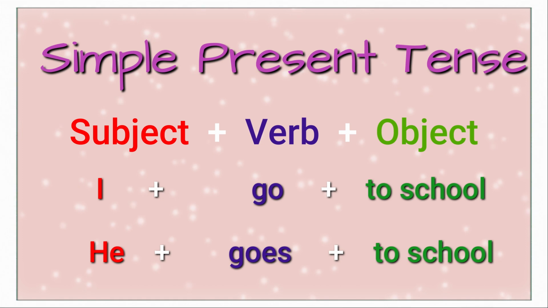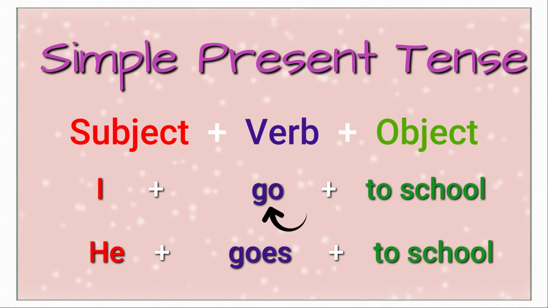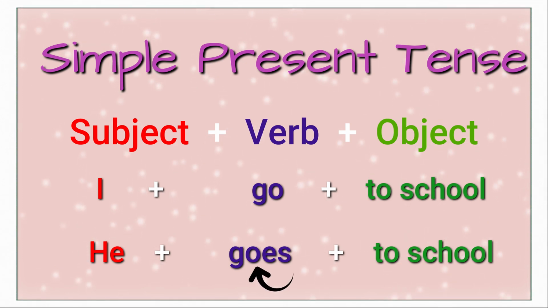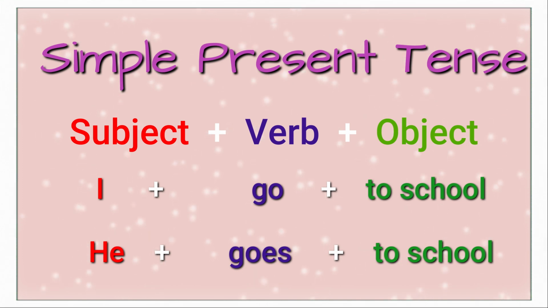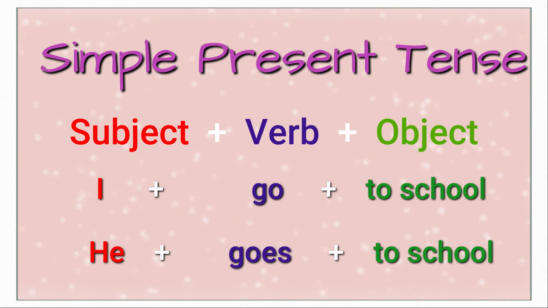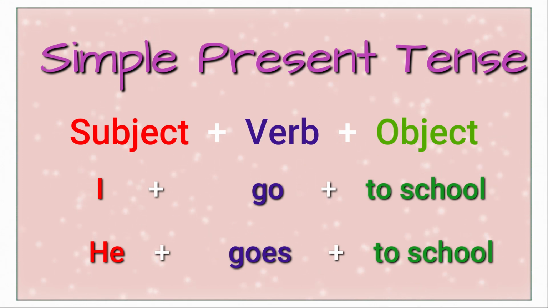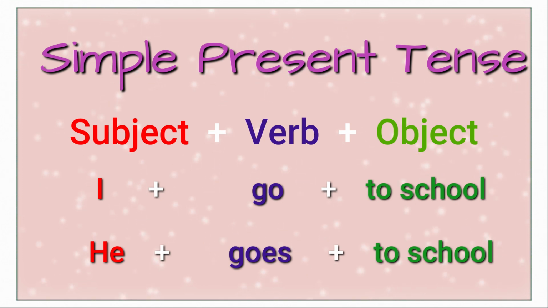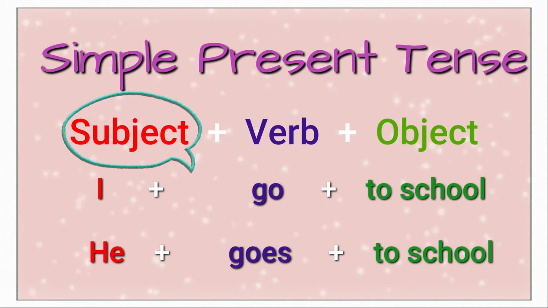In the first sentence, we have used the verb go only, whereas in the second sentence, we have used goes. With I, go is used and with subject he, goes is used. So this change depends on the subject.